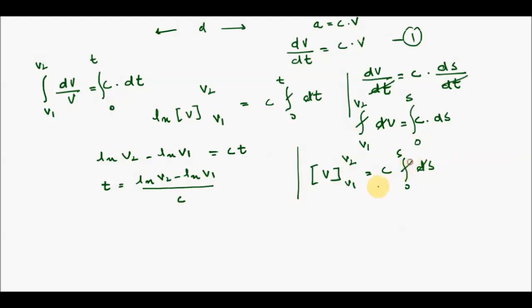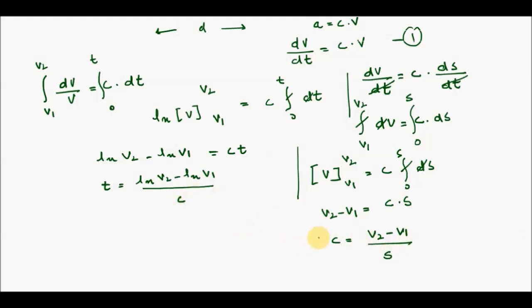Now this and this will cancel out and this will be equal to v2 minus v1, and this will be equal to c into s, right? So our c from this comes out to be simply v2 minus v1 over s, right?